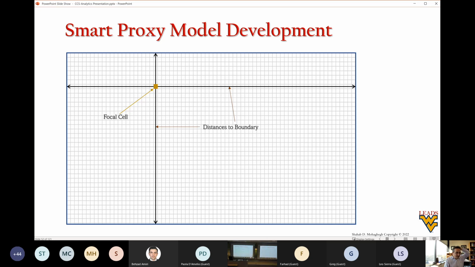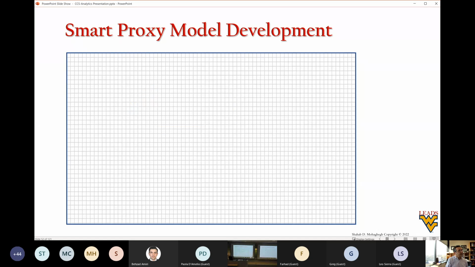Stop. A focal cell has distances to the boundaries, right? So every focal cell has different distances to all the boundaries that exist in the numerical simulation. This focal cell is in a numerical simulation that includes maybe production wells, and you have to identify its distances from those production wells.